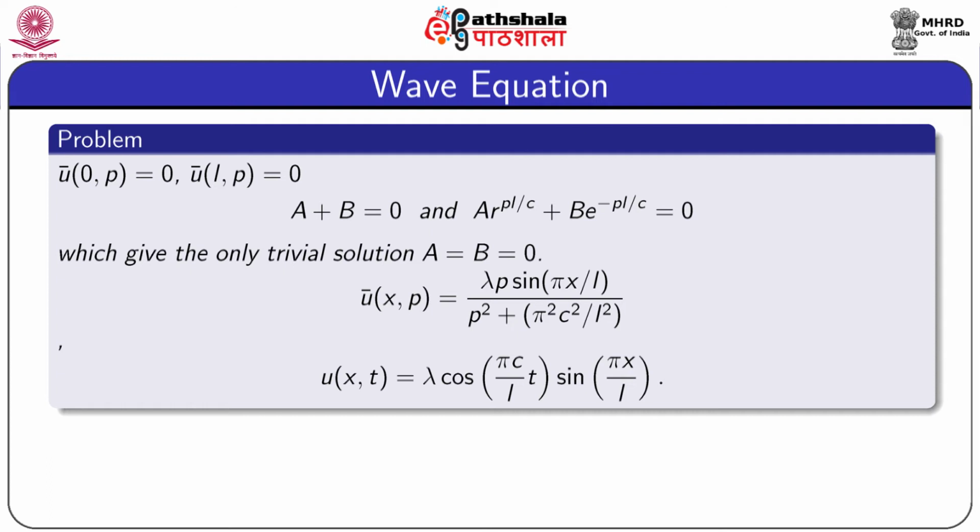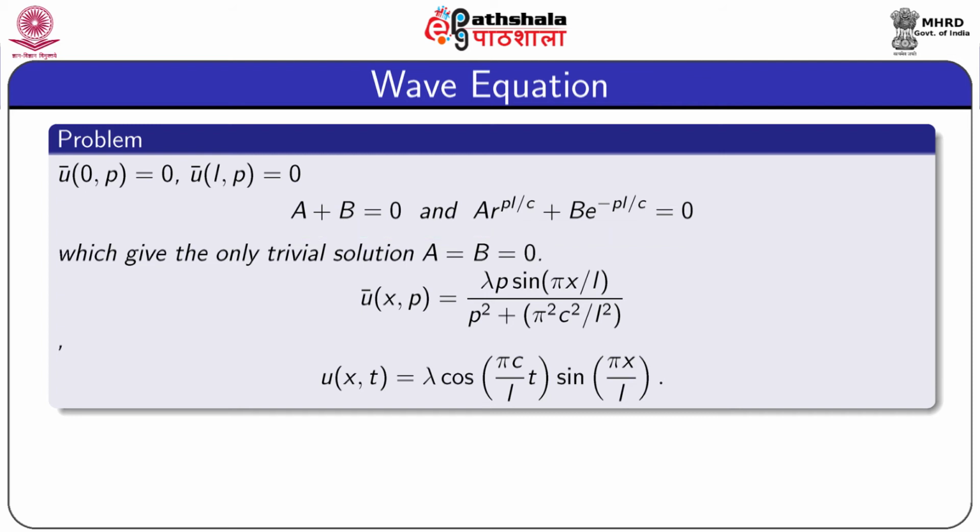From the given boundary condition, we apply the Laplace transform to get u bar at 0, p equals 0 and u bar at L, p equals 0. If we use the first boundary condition, we obtain A plus B equals 0, and if we use the second boundary condition, we obtain A e to the power pL by c plus B e to the power minus pL by c equals 0.